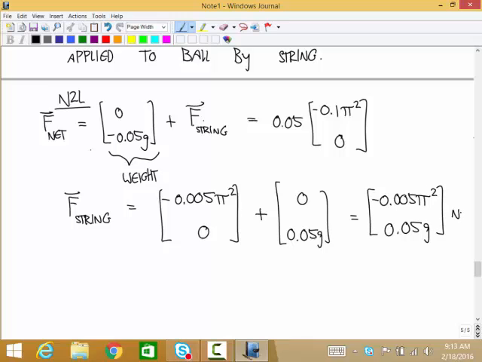And that's in newtons. Okay, so even though Newton's second law only gives you a relationship between the total force and the acceleration, when you know things about the individual forces, often you can use that to calculate other things you don't know about individual forces. Follow what I'm saying there?